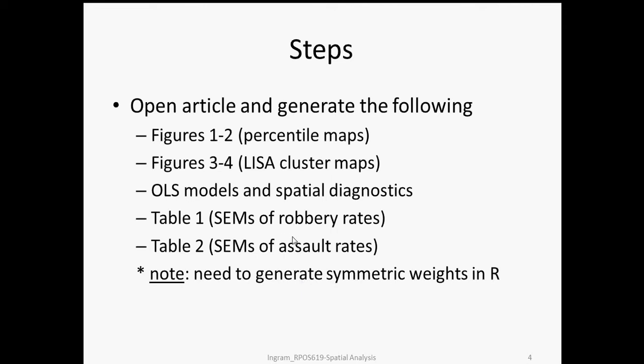So let's go to the article itself and see what they have to say about their OLS model specification and their spatial diagnostics, and then we'll take a quick look at Table 1 before getting into the R environment.